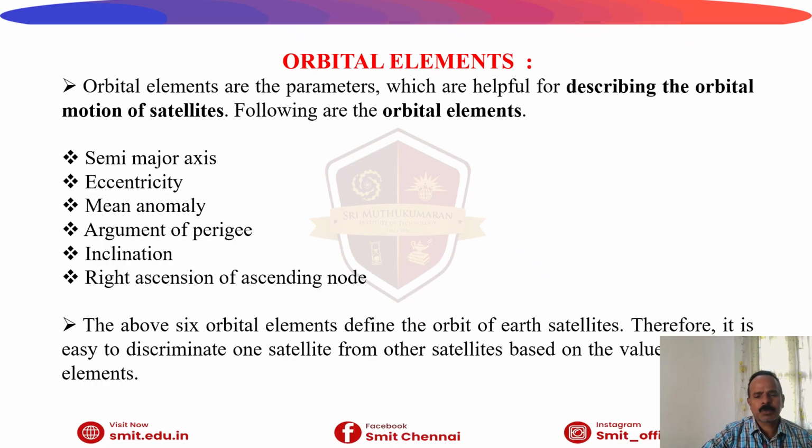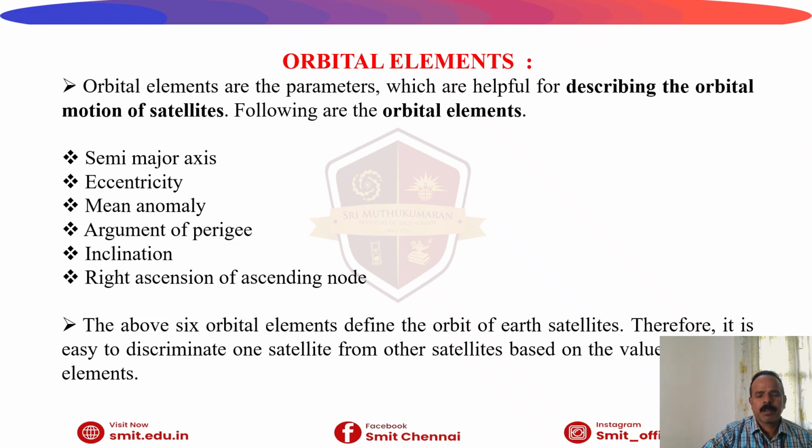Then the next one is the mean anomaly, which shows the difference between the original value and the deviated value. From the mean anomaly, we can analyze the deviation. Then the argument of perigee shows the position of the satellite, how far it has deviated from the Earth.